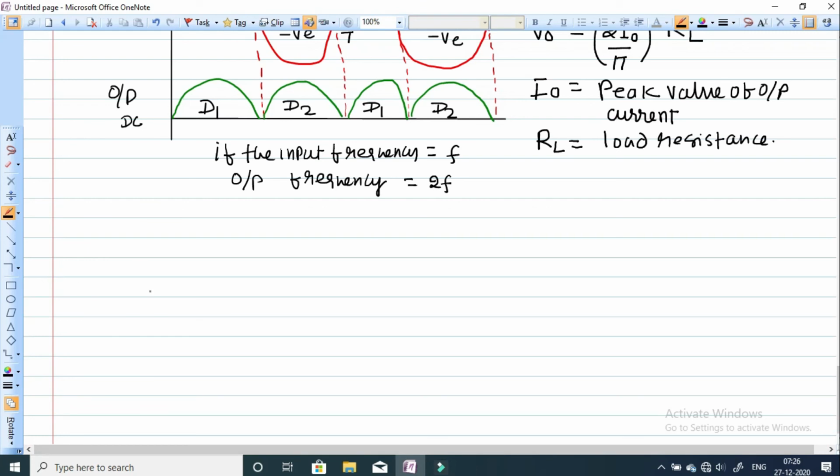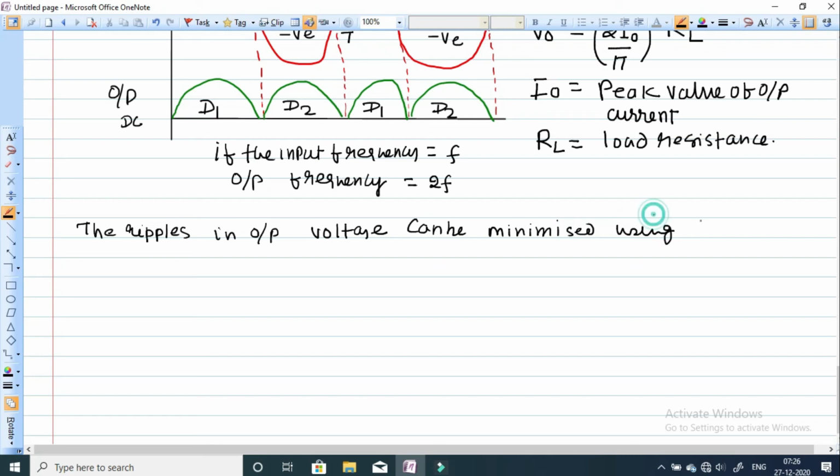Now you can easily see that the output waveform is not completely DC. The ripples are present there. So how can we remove the ripples? The ripples in the output voltage can be minimized using a capacitive filter.